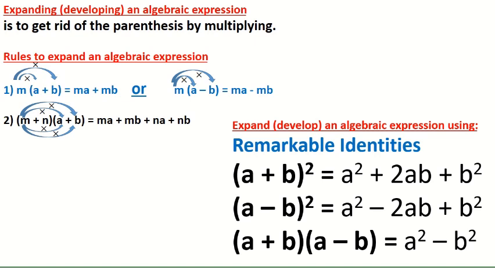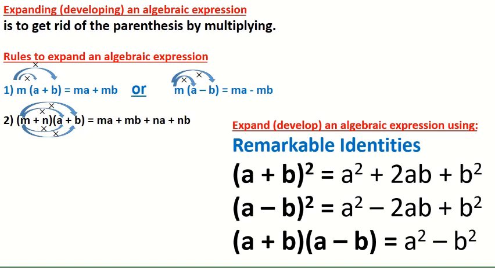So the square of the first term, plus 2 times the first term multiplied by the second term, so 2 first second, plus the square of the second. Very easy: square the first, 2 times the first times the second, plus the square of the second. As I told you, it's a special expanding.